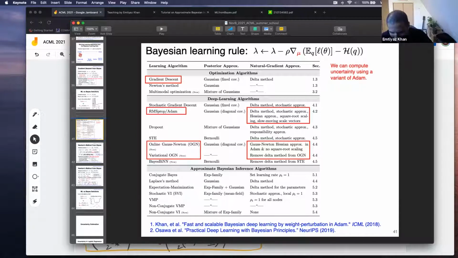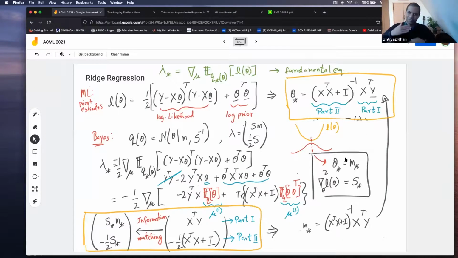So question by Pat. If I remember correctly, for ridge regression, the posterior has the Gaussian form. So in this case, is it correct to say that we are exact Bayesian because Q equals P? So excellent. That's exactly the point here, and that's the build-up to go to the next example. So you see here that the loss function is quadratic, and the sufficient statistics of the Gaussian is also quadratic.